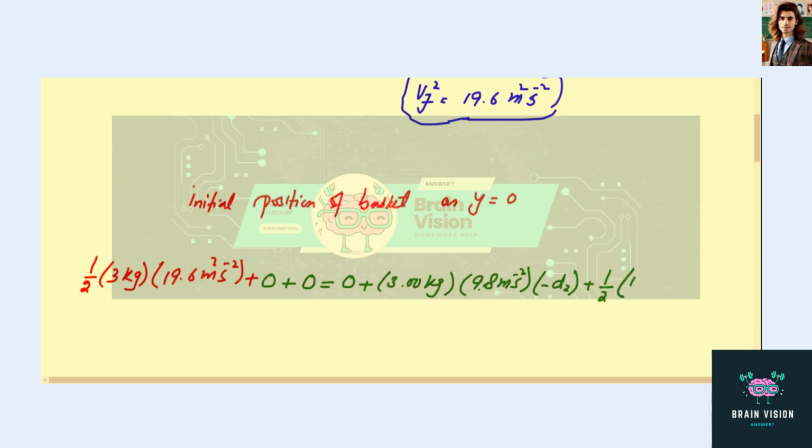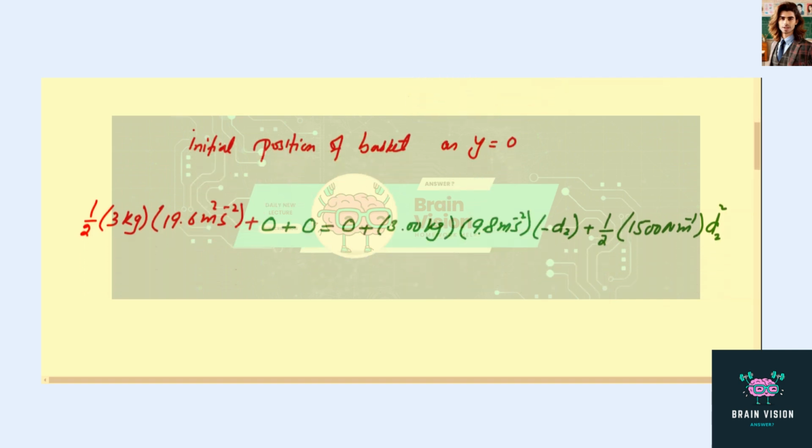Here k is 1500 newton per meter into d2 square. This gives us 19.6 equal to minus 29.4 d2 plus 750 d2 square.